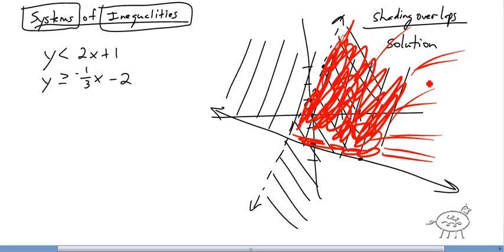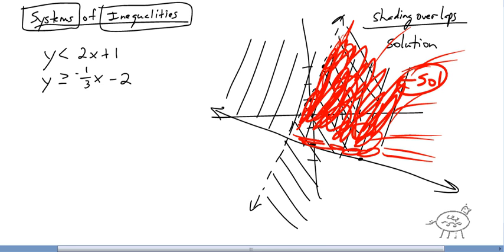But somehow you need to do that, and I require you to write the word solution and put an arrow or something to identify the solution. You have to write the word solution or SOL or something to tell me that's the solution, and we're done with the problem. That's all you do. You graph two lines, you shade, and you tell me where the shading overlaps, and that's the solution of the problem. It's pretty easy.